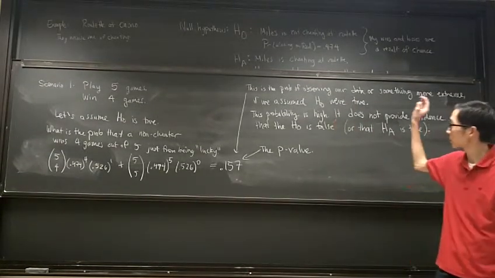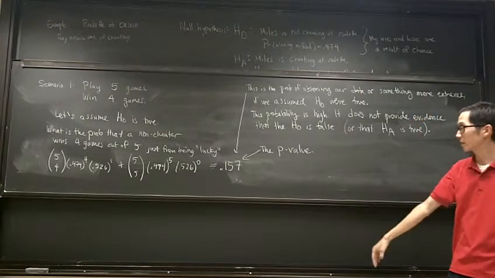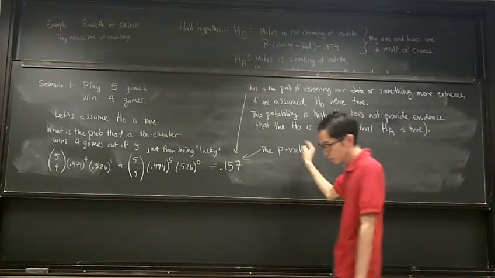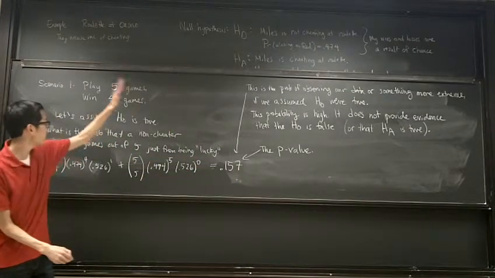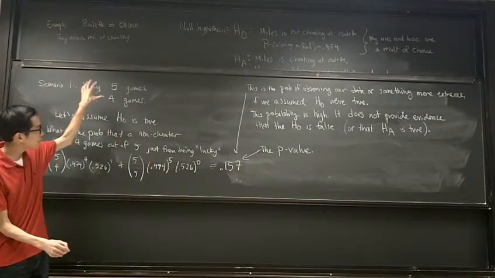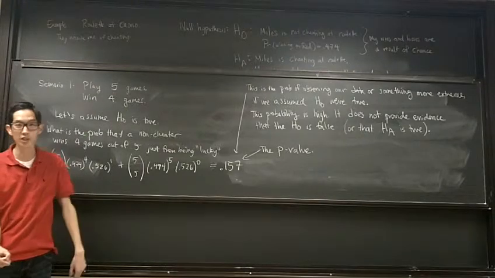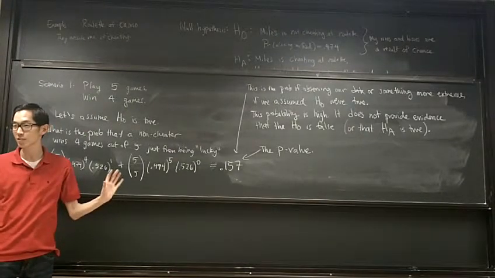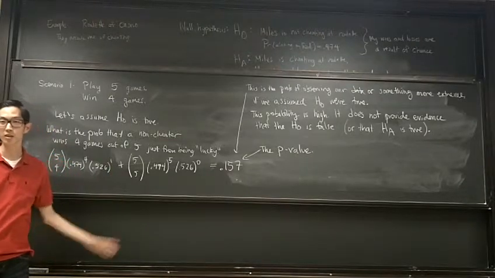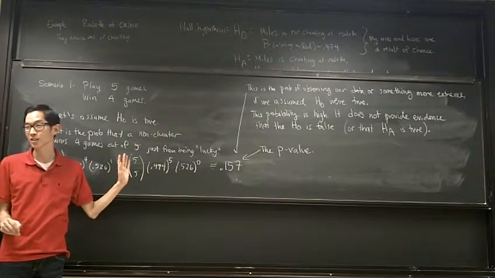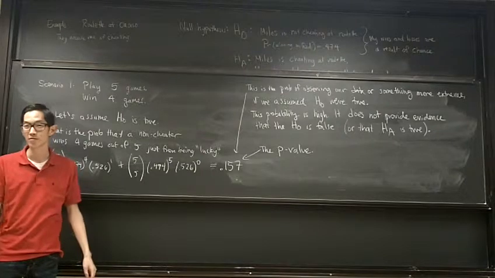So let's keep talking about this. If I win 4 games out of 5, it doesn't prove that I'm a cheater. That's not enough evidence for the casino to say you're a cheater. Does it also prove that I'm clean, that I'm not cheating at all?